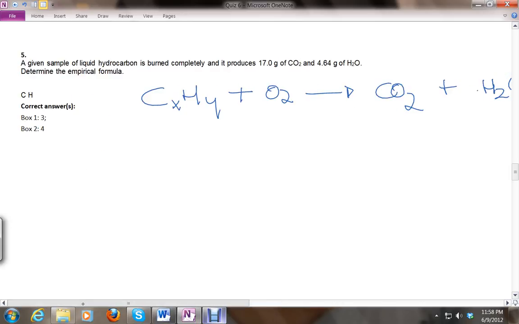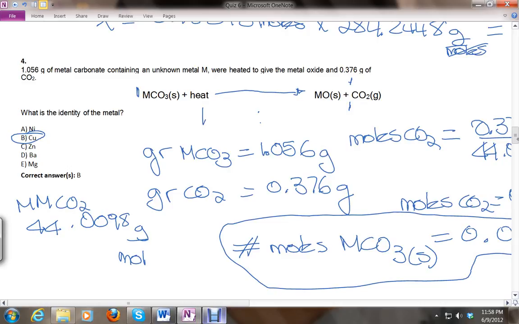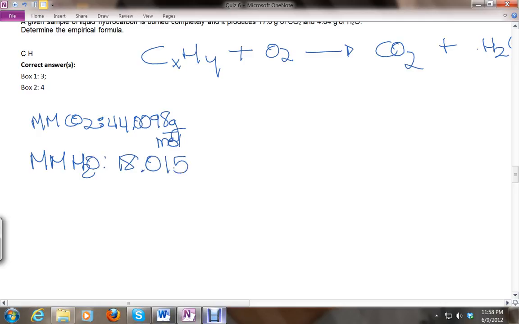The molar mass of CO2, and we have it up here, is 44.0098 grams per mole. And of course, we're going to have to find the moles. And the molar mass of water is 18.015 grams per mole.